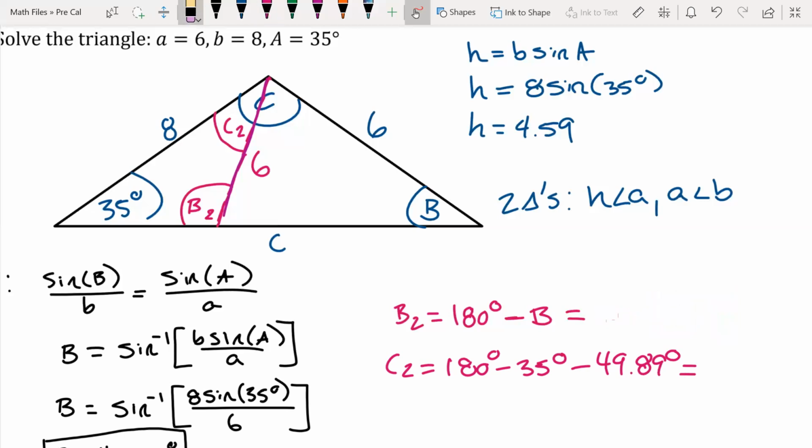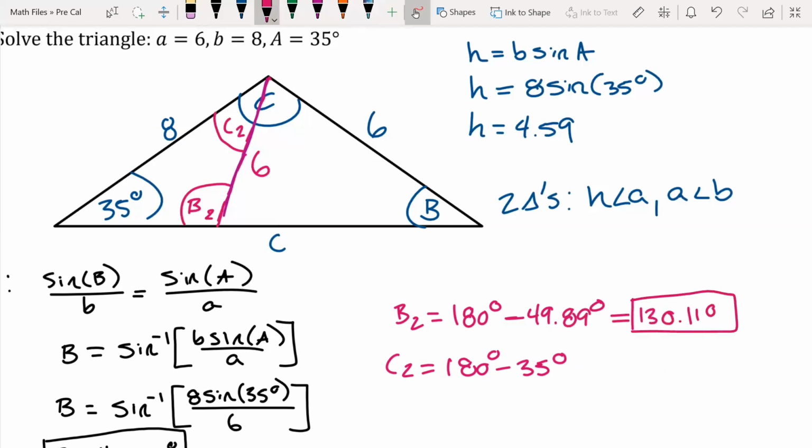This should be 180 minus 49.89, which gives 130.11 degrees.